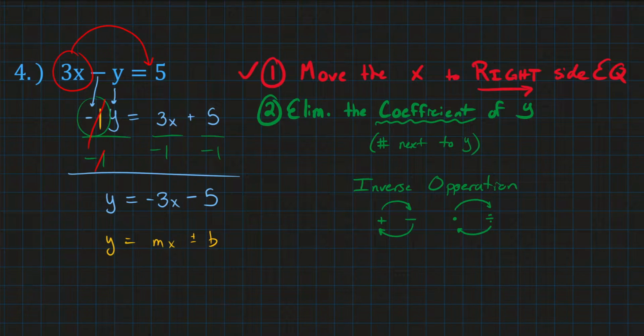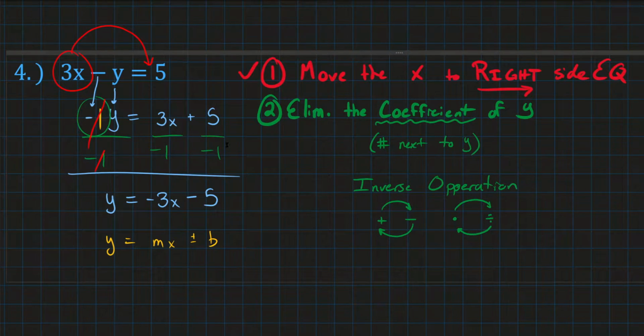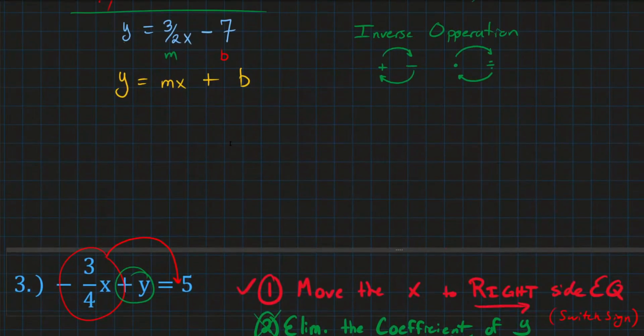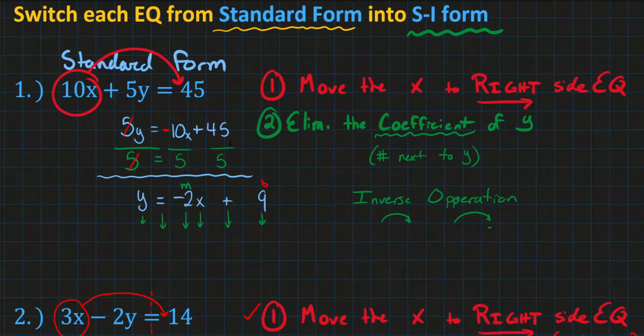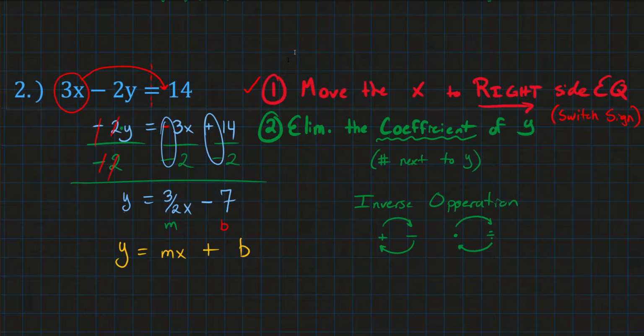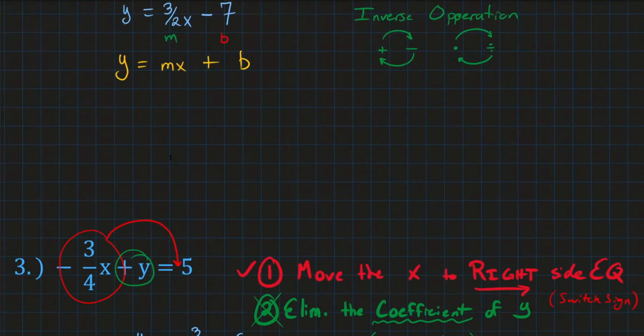There you go, folks. I think that's going to wrap it up for this video. But if I may just summarize and point out, with each one of these examples, including the one before, it was the same 2 steps. Move the x, eliminate the coefficient. Or rather, move the x, switch the sign, and you'll notice all we did was divide every single time.